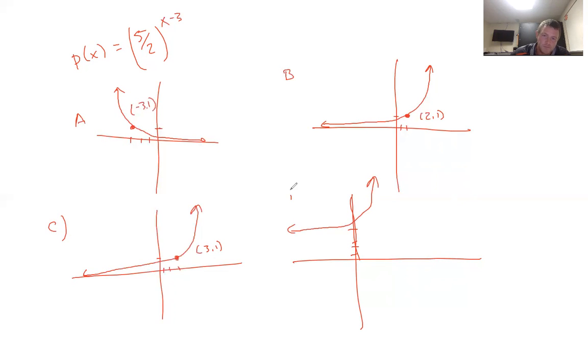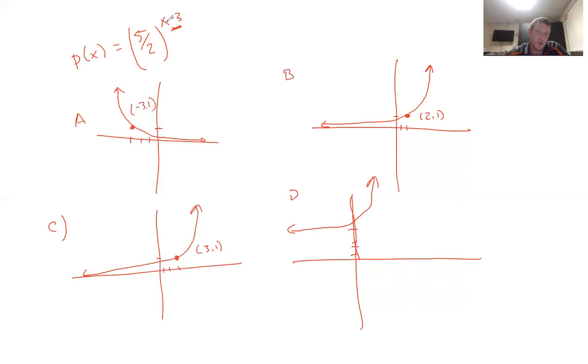Something like that. Okay, so what you could do is just plug in points. What I would do first is plug in 0, or figure out where it's 1. Now, what does the -3 do to the graph? I think we've talked about this before.